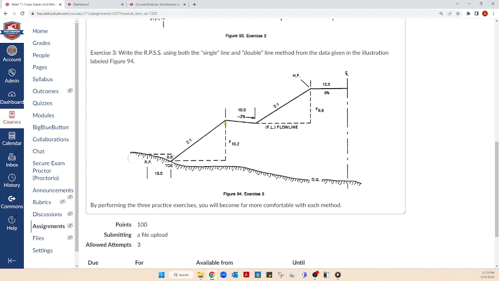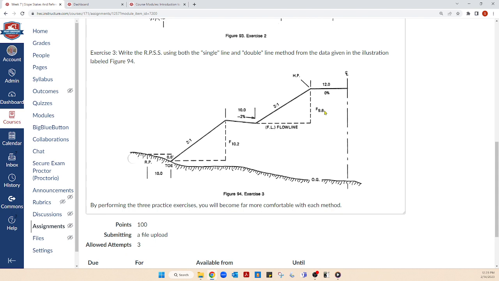and then let's subtract that 2% fall, which is 2/10. So you would take this elevation minus 2/10 plus 9.6.